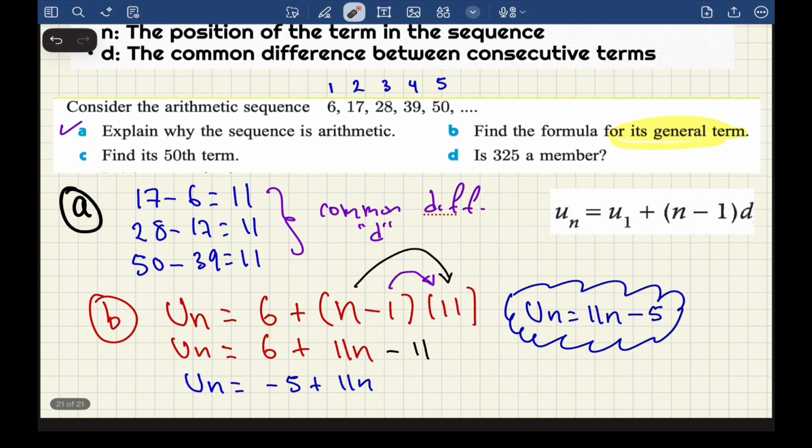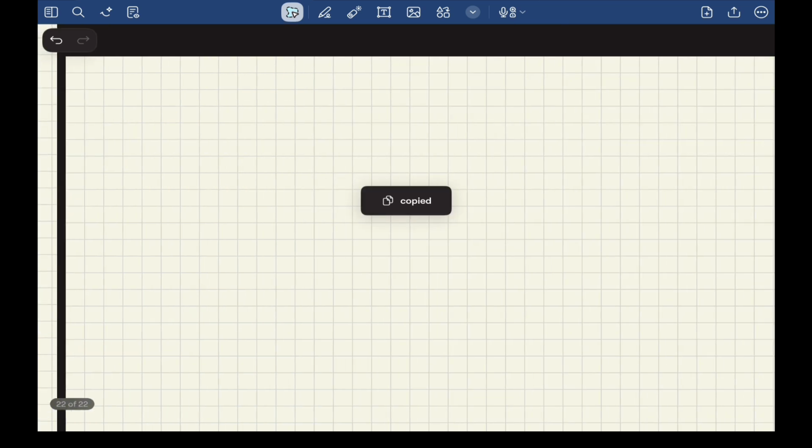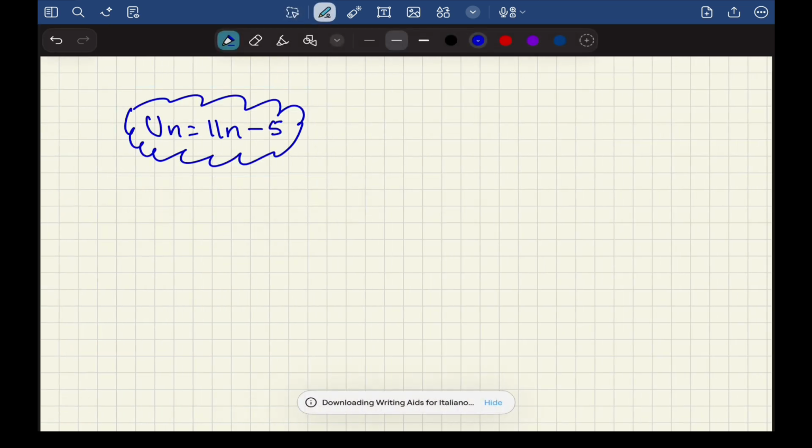Then, guys, C, find the 50th term, the number using the position 50. So what we can do, let me copy this. We are going to find the number when the position is 50. So what is the number using the position 50?